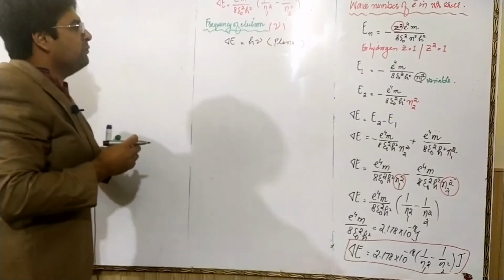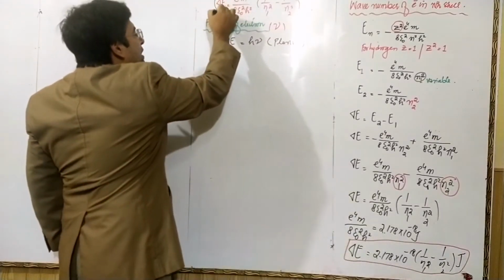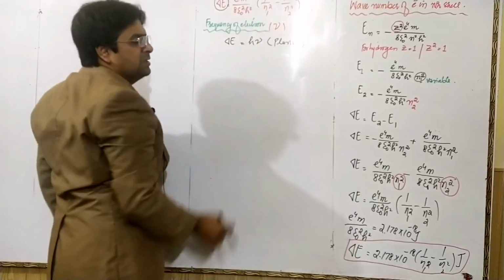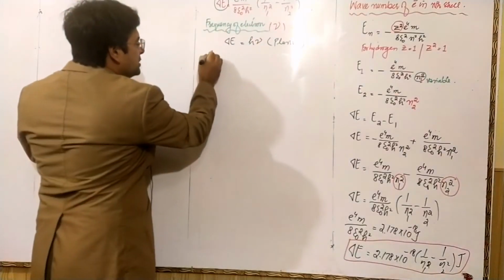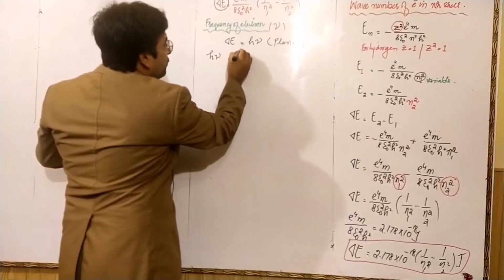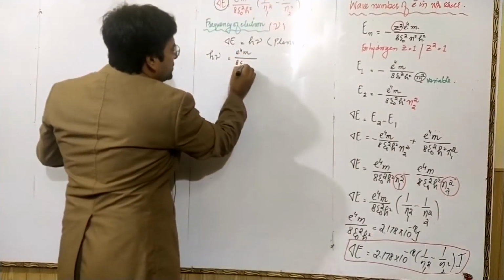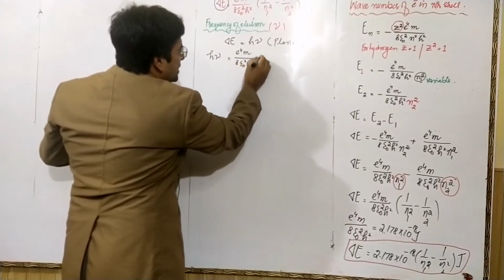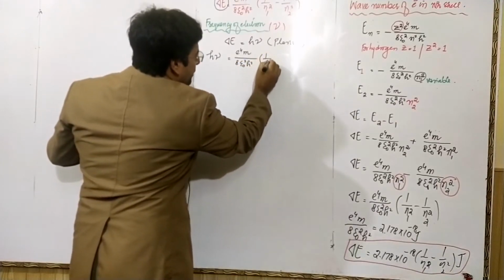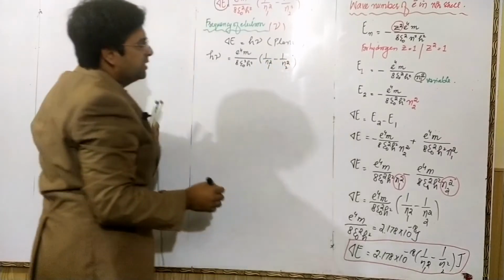Putting the value of delta E in this equation, h mu will be equal to e^4 m divided by 8 epsilon naught square h square into 1 over n1 square minus 1 over n2 square.